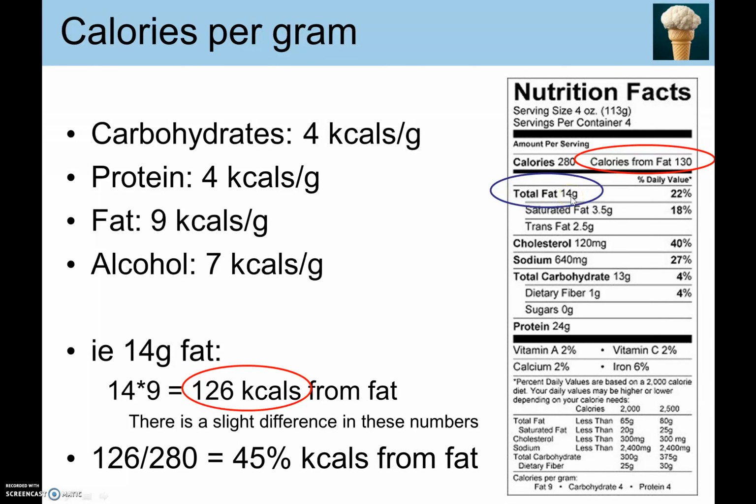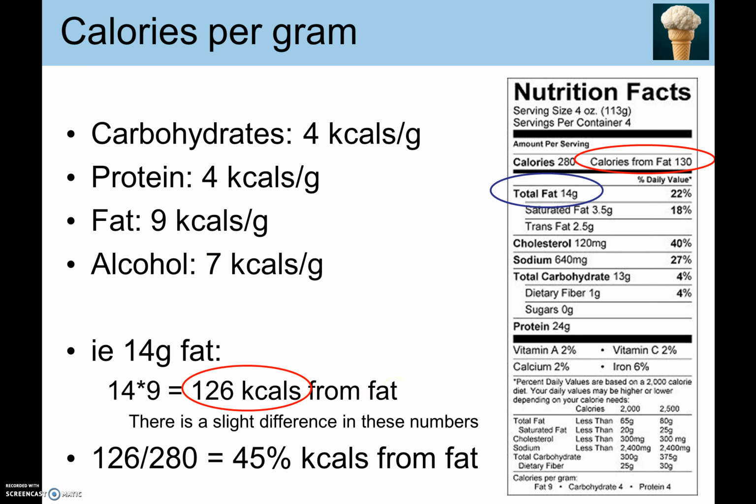So if I were to ask you guys how many calories come from fat, you have to do just some simple cross multiplication using that number and the conversion. We'd use the fat one here because we're looking at fat. So we do 14 grams times 9 calories per gram. When you cross multiply, you cross out the grams and you're left with calories. And then you have 126 calories coming from fat.